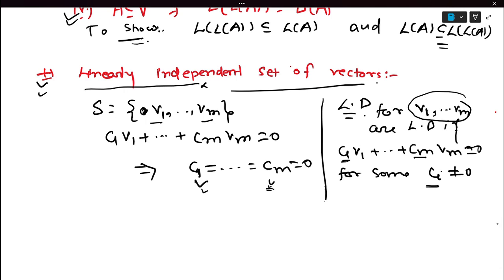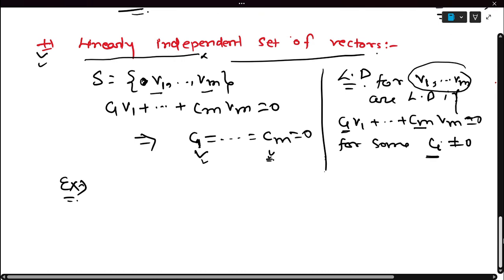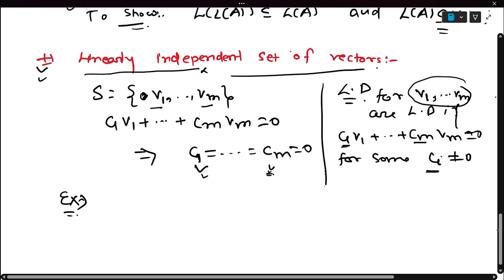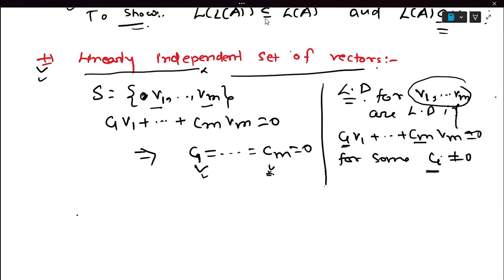Okay, so we can take an example of linearly independent and linearly dependent vectors. You should prove the result that I have erased.